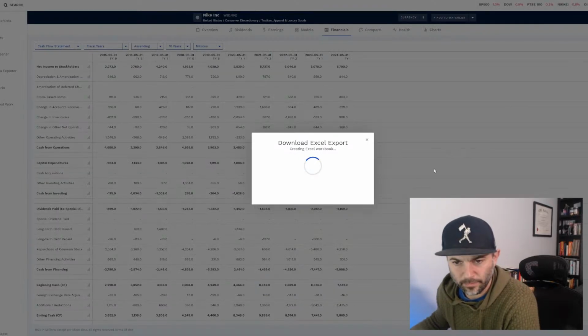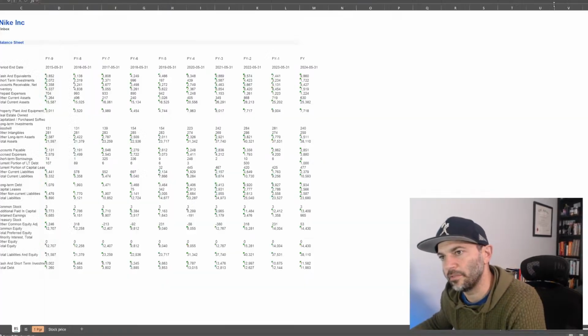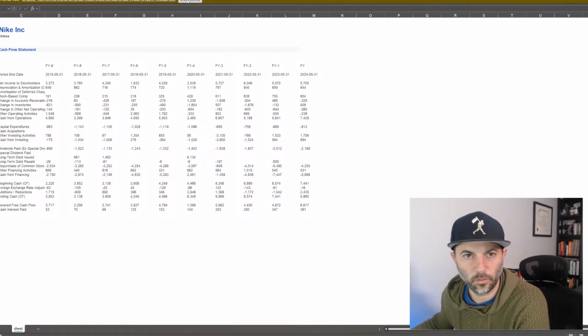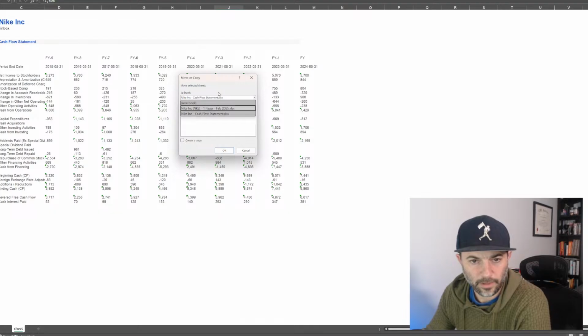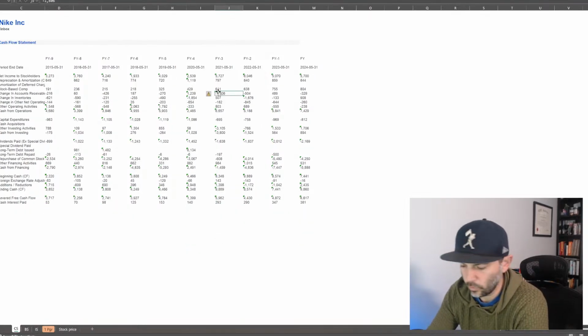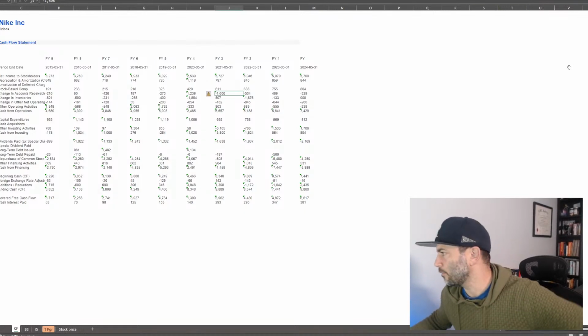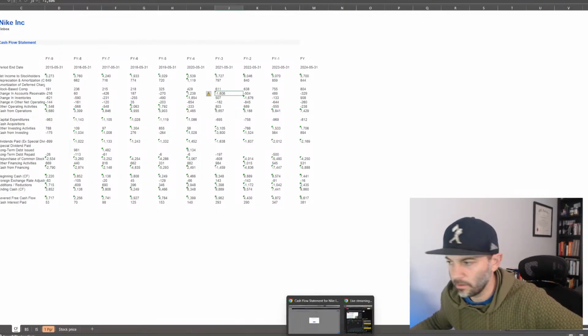There's lots of data providers you can use. I've been using Finbox for a little while, but I actually just bought the subscription to Yahoo Finance. They're giving 40 years of data in their gold plan, so I'm going to try that out and see how that runs. But this is my cash flow. All right, so we got our three statements here: income statement, balance sheet, and cash flow.